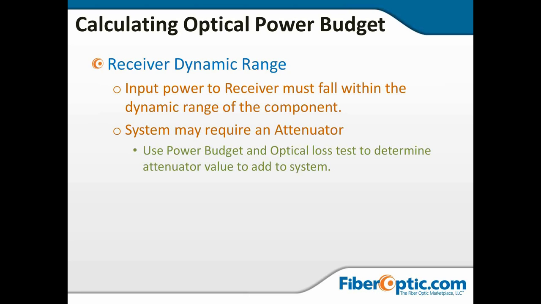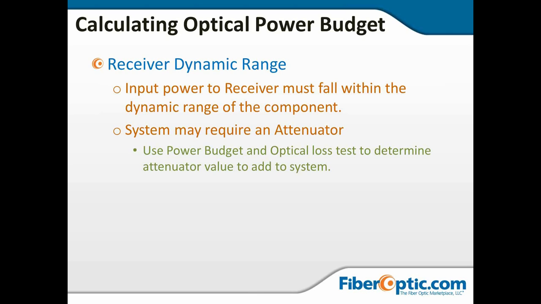And again, if you're using a very high power laser, or if you've got very short distances, you may need to use an attenuator to knock down the signal a little bit and stay out of the overdrive range.